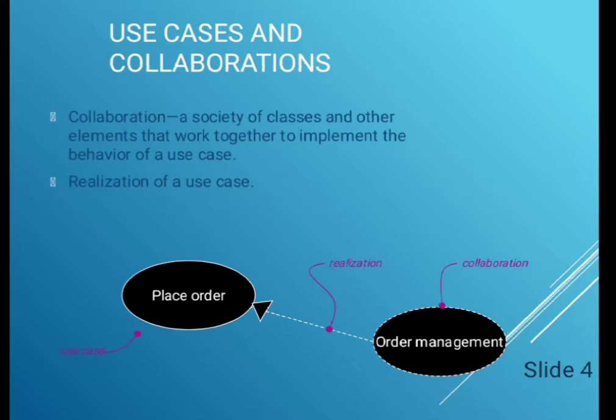Here we see use cases and collaboration. A collaboration is a society of classes and other elements that work together to implement the behavior of a use case. Place order and order management are both use cases, related by realization or generalization, and this symbol is considered the generalization.